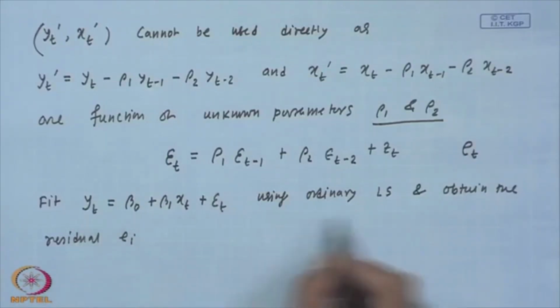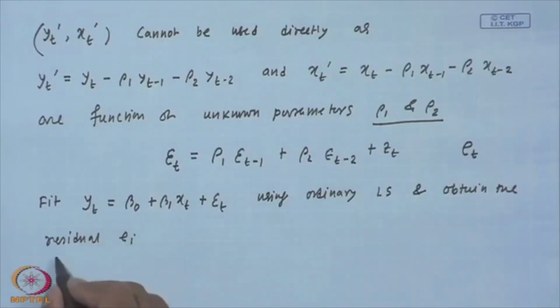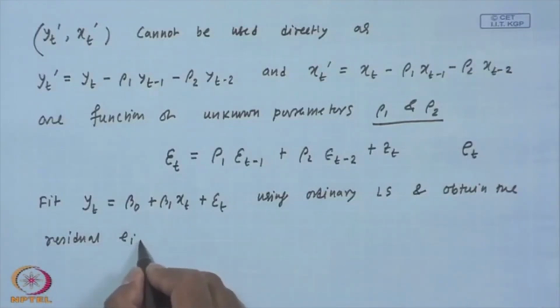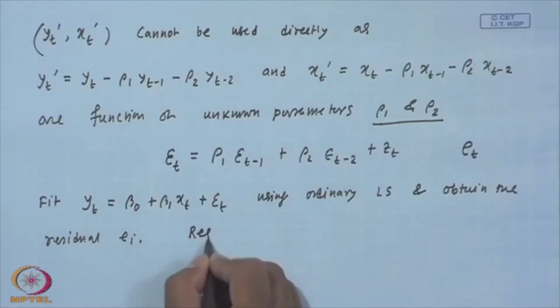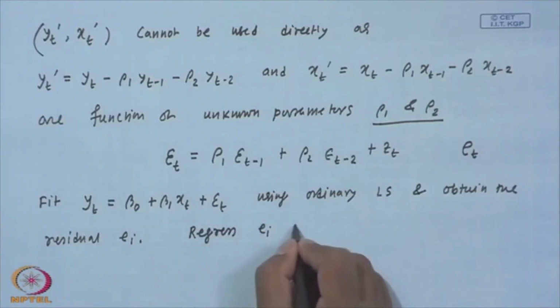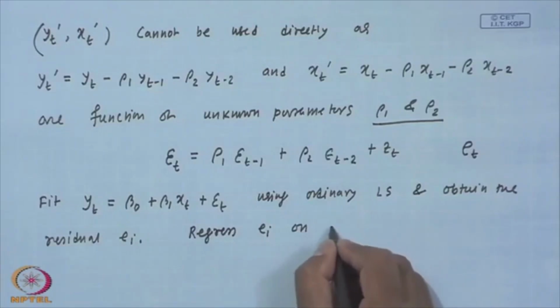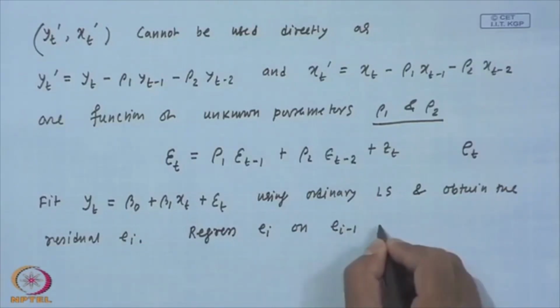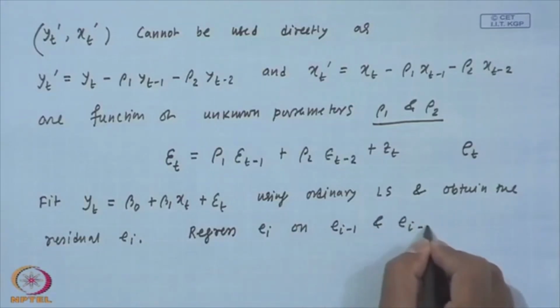So, you fit this model, and once you have the fitted model, you can compute the residuals, and then you regress e i on e i minus 1 and e i minus 2.